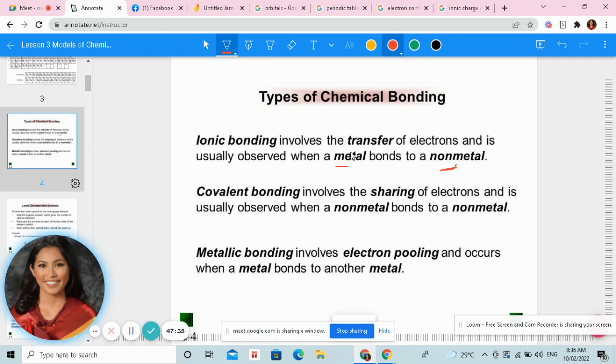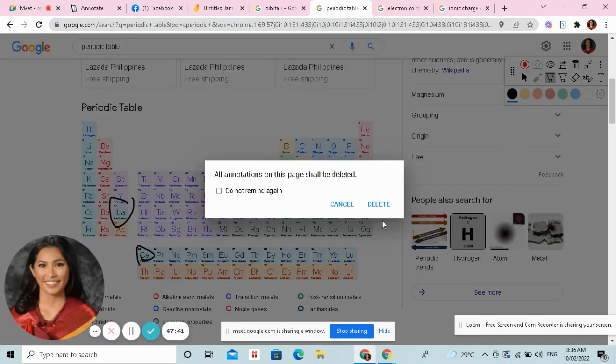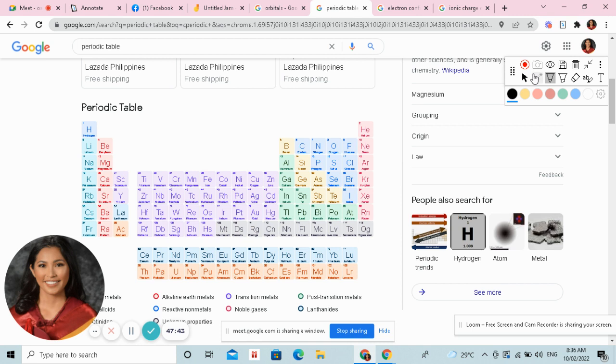Okay, so for example, give me an example of ionic bonding. We have, okay, if we have Mg, magnesium and oxide. If we have magnesium oxide, Mg2 plus, because the charge is 2.